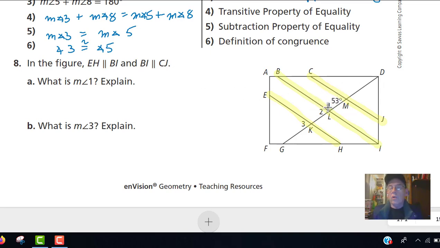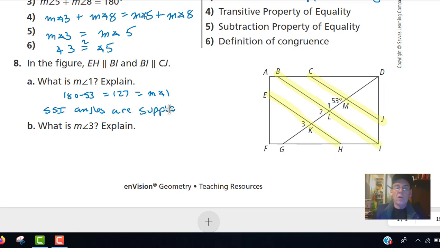Well, angle 1 is same side interior with this 53-degree angle. So 180 minus 53 equals 127 equals the measure of angle 1. Now it says explain. Same side interior angles are supplementary, which means they add to 180.